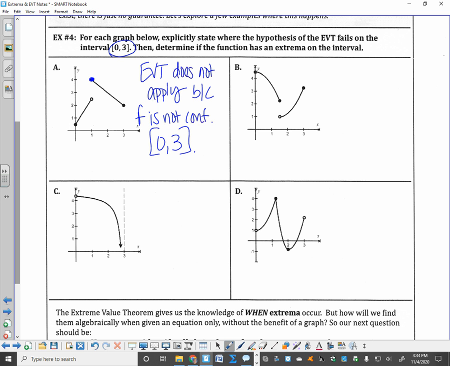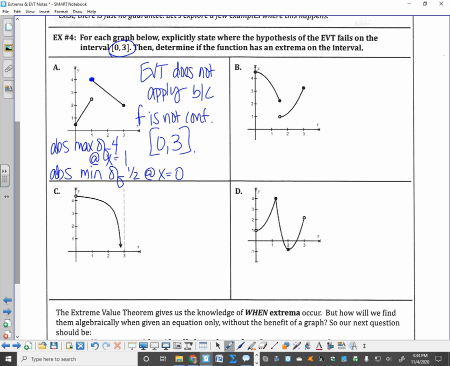Remember, absolutes can happen at endpoints. So we have an absolute max of 4 at x equals 1. We also have an absolute min of, we'll call that a half, at x equals 0. I'm not searching for relative maxes and mins. I'm searching for absolutes.